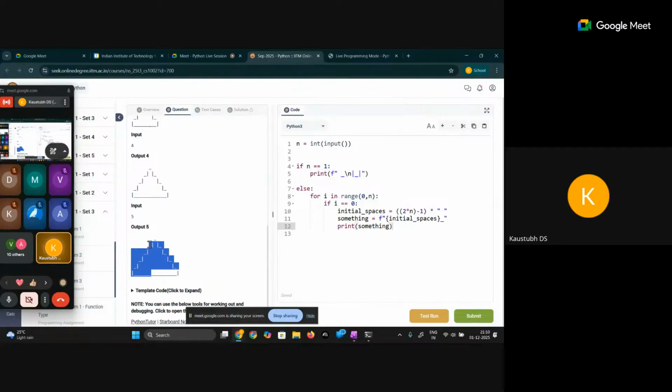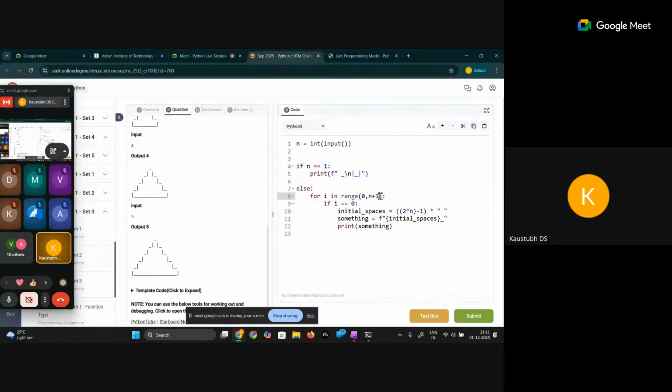For n equals 4, we're getting 5 lines of output. So there is one extra line. That is why I did the n plus 1 in my previous solution, and that's why we need to have the n plus 1 here.